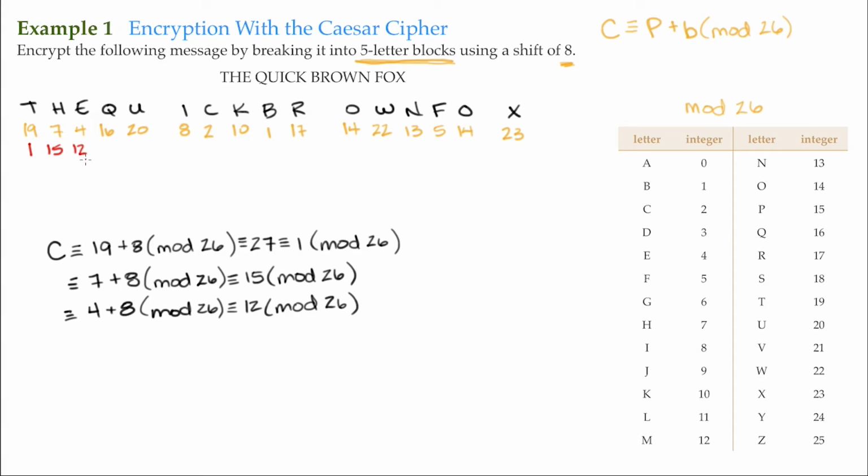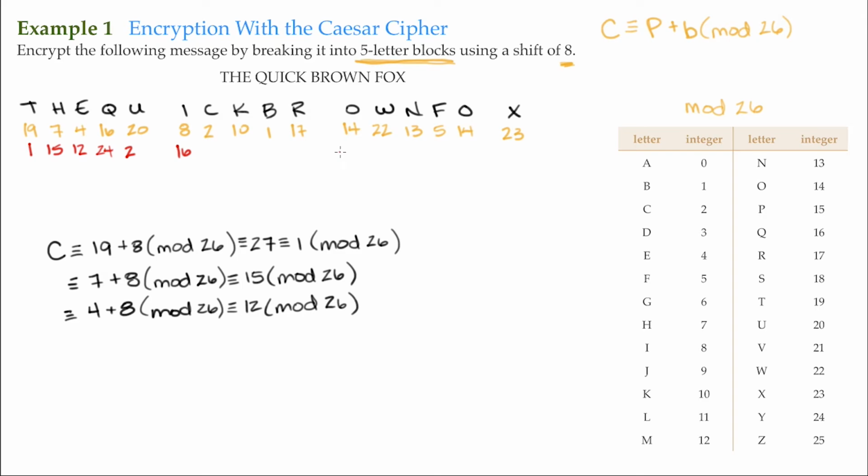And for the most part, since we know we have a shift of 8, we could pretty much just figure out what each one is here. 16 plus 8, that's 24. 20 plus 8, that's 28. That's 2 more beyond 26. So that becomes 2. 8 plus 8, that's 16.